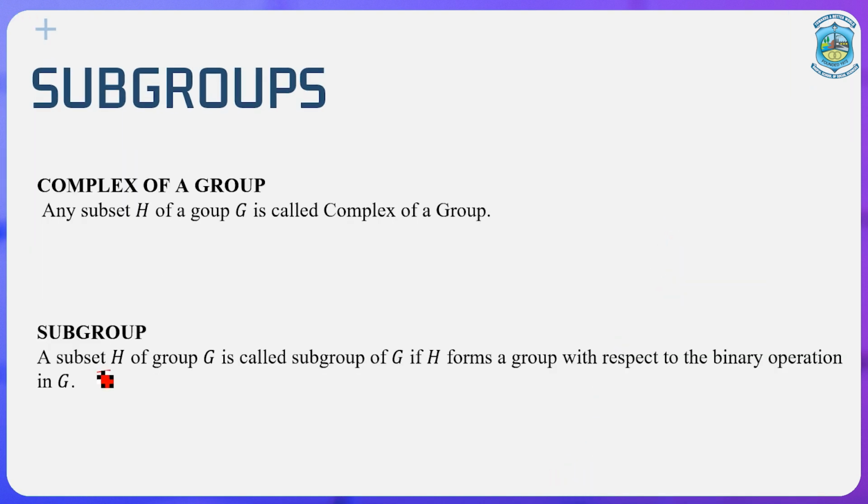A subset H of a group G is called a subgroup if H forms a group with respect to the binary operation in G. That is, basically H is a subset of a group G. It is called a subgroup if it itself becomes a group.